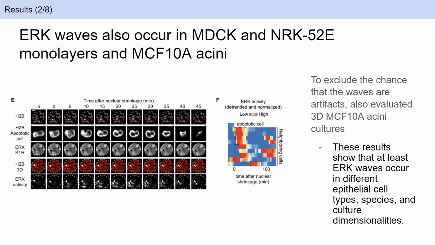Let's say to exclude the chance that the waves are artifacts, they also evaluated the MCF10A in 3D culture. From here, they're also able to see it in 3D. So in 3D, they also detect similar activity of the ERK wave, which started from the apoptotic cell.